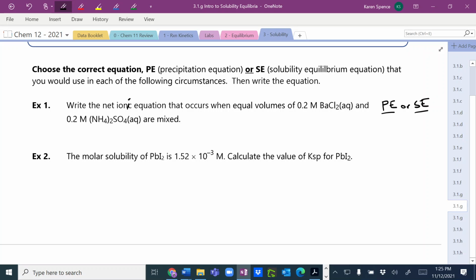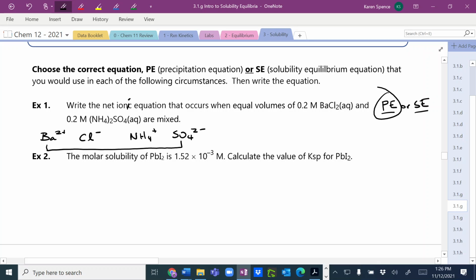Yes, that is a precipitation equation. So let's just do a quick review of how we would write this net ionic equation if we wanted to do it really quickly. Well, we have barium, we have chloride, we have ammonium, and we have sulfate.